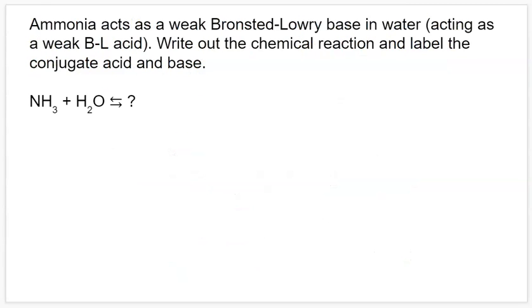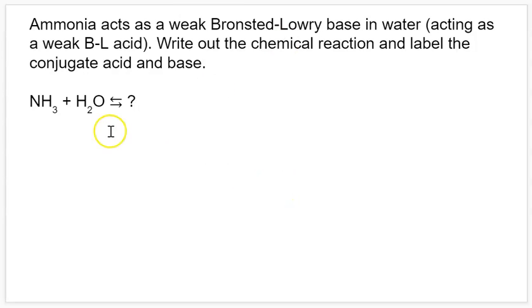All right, let's do a practice. So considering that ammonia acts as a weak Bronsted-Lowry base, let's predict what the products of this reaction are going to be based off of the mechanics of how Bronsted-Lowry acids and bases work. So we know that since ammonia, NH3, is a Bronsted-Lowry base, it's going to be something that gains hydrogen ions, that gains protons.